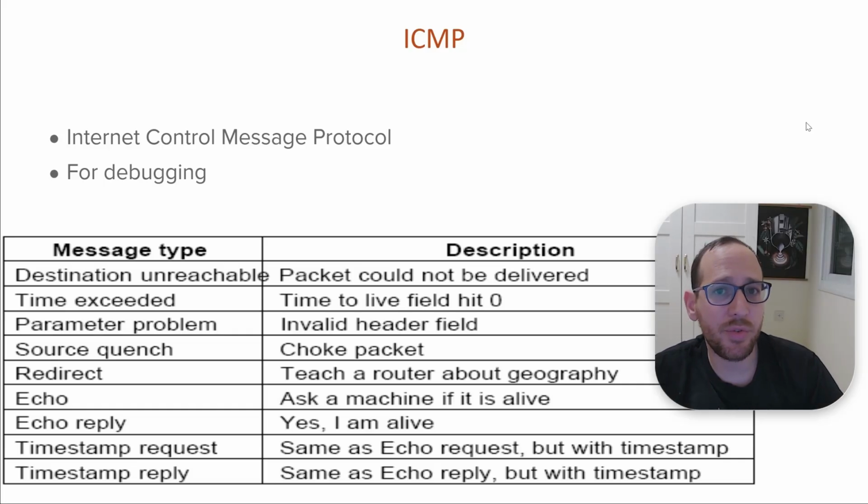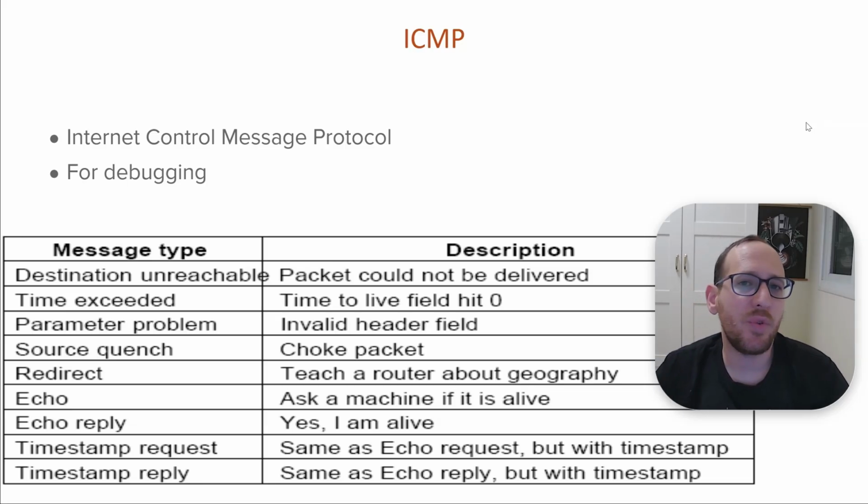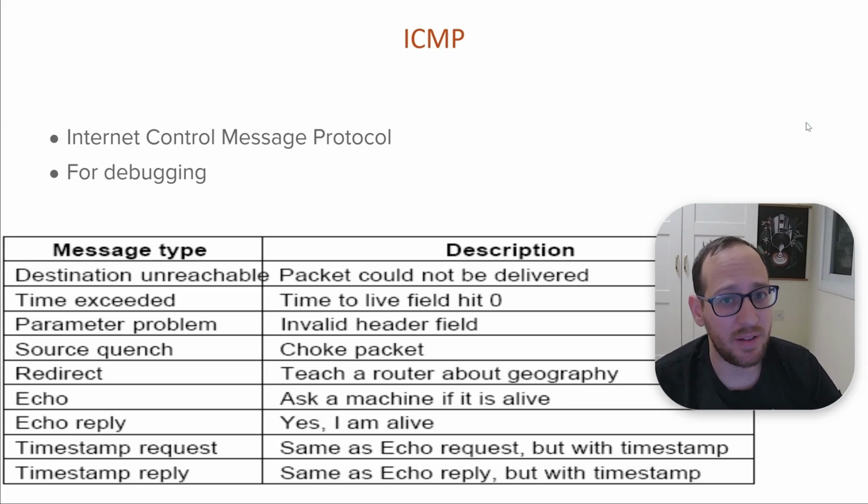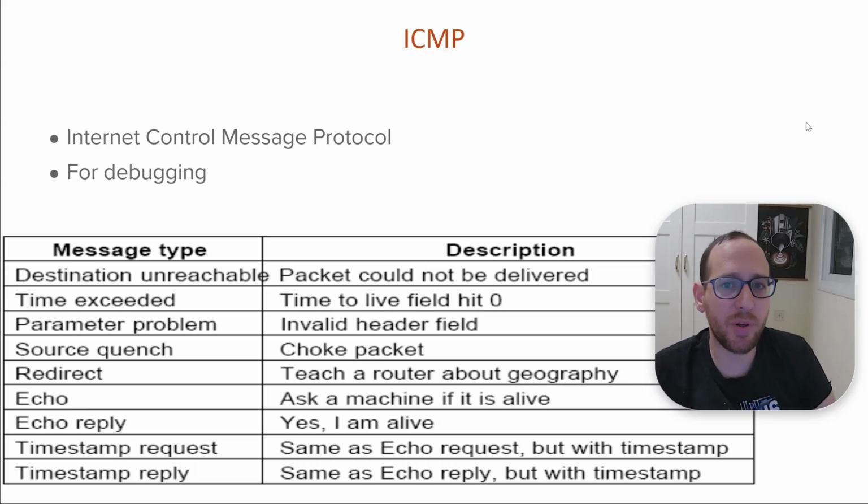Now I'd like to introduce you to another protocol, not a part of IPv4, but an adjacent protocol. If you recall, IPv4's RFC number is 791, ICMP's RFC number is 792. So as you could guess, they were created around the same time and as part of the same suite of protocols.